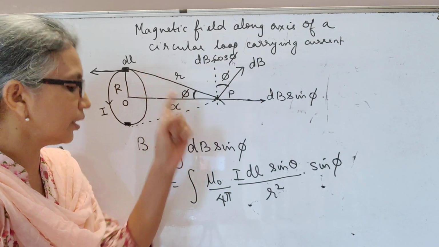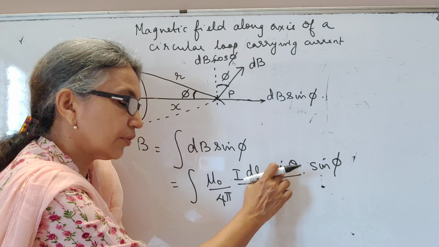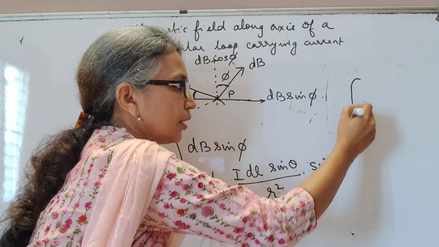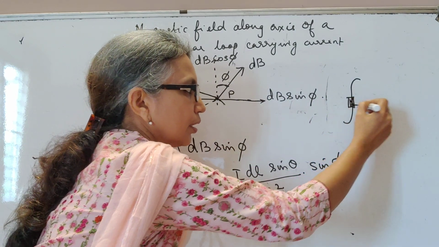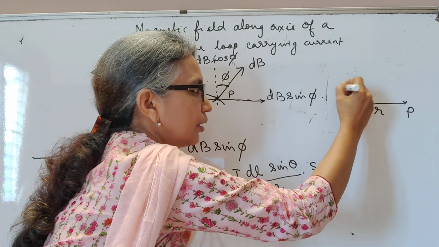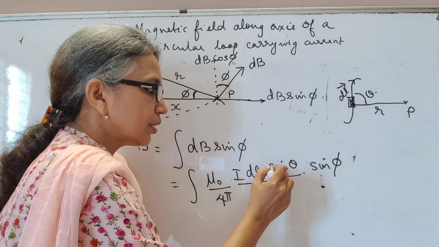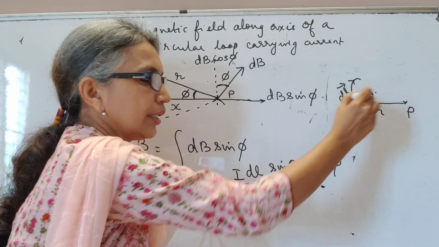Here the sin theta in Biot-Savart law, I told you when we did Biot-Savart law, is that if you have an element like this at point P, if this is r and this is dl in the direction of current, this is angle theta, and sin theta is taken with the angle between dl and r.